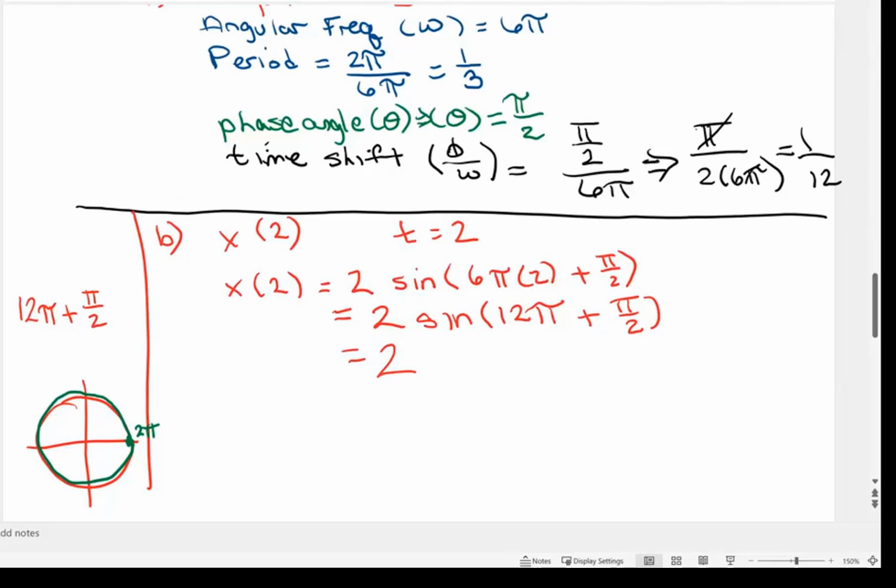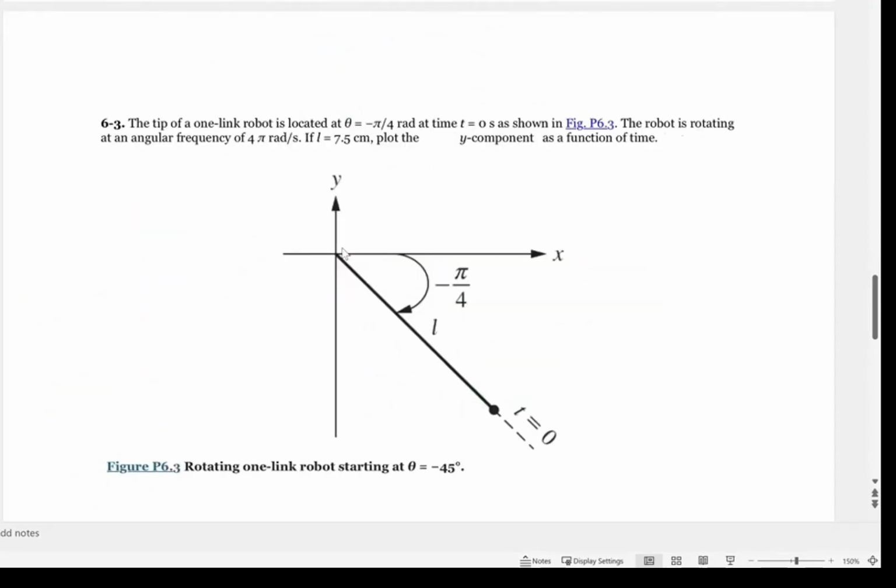So 12 pi really is 6 times around the circle, but I'll end up back at 0. So I don't really care. I can rewrite this as the sine of pi over 2, because the 12 pi just circles back around over and over again. And then the last piece makes it go to pi over 2. And the sine of pi over 2 is equal to 1. So this ends up equaling 2 times 1, which equals 2. So that is how you do B, or number 2.